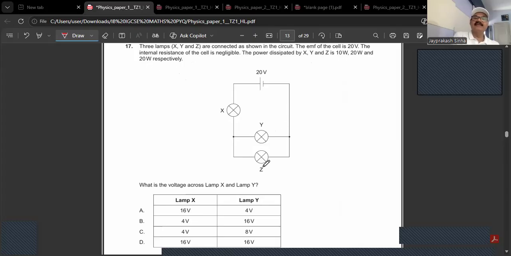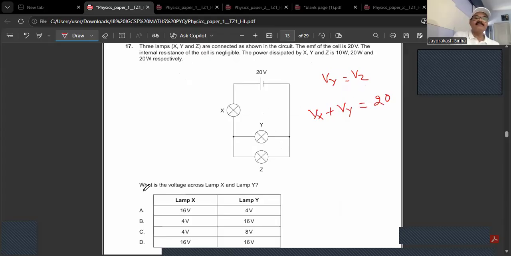So here Y and Z both are connected in parallel. So the voltage of Y and voltage of Z will be same, meaning V_y is equal to V_z. And what is the total voltage? Total EMF 20. It means V_x plus V_y is equal to 20.